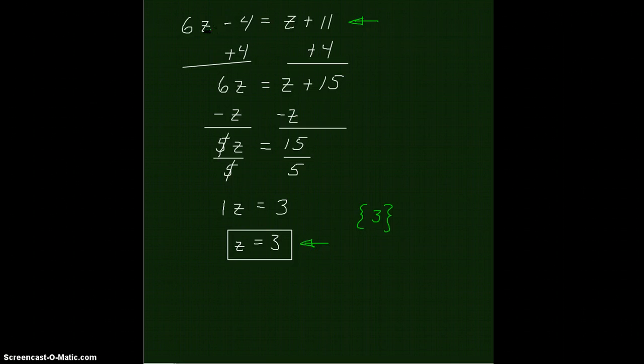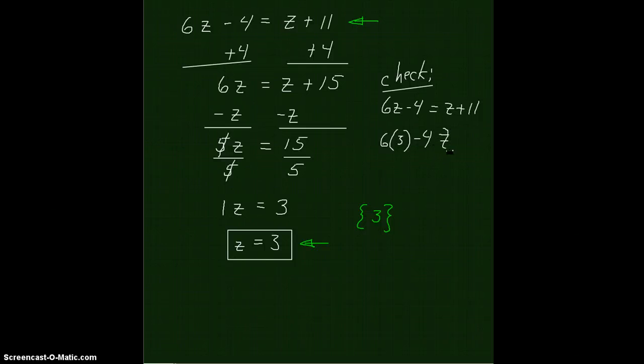To check this, I would put a 3 into this equation. 6z minus 4 equals z plus 11. So let's check it. So I'm going to say 6 times 3 minus 4.